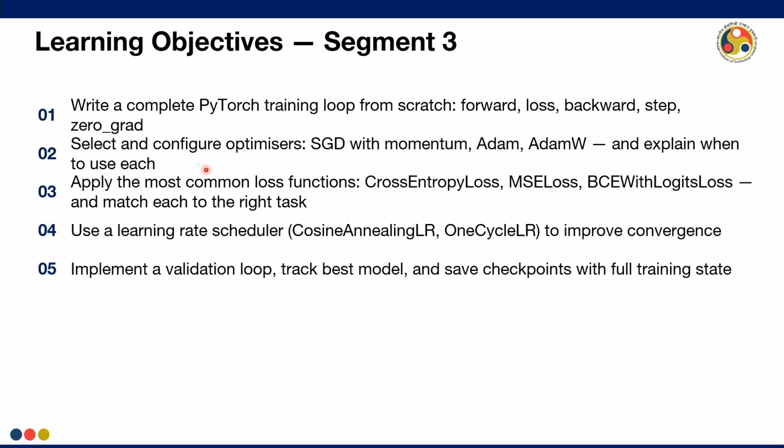Now we will study how to write this training loop, how we can use different optimizers in the backward pass or gradient computation, how we can use different loss functions to define the loss, and what the different rate schedulers are which will accelerate or decelerate the training process.